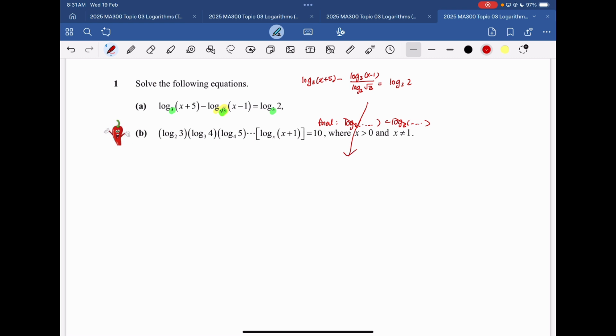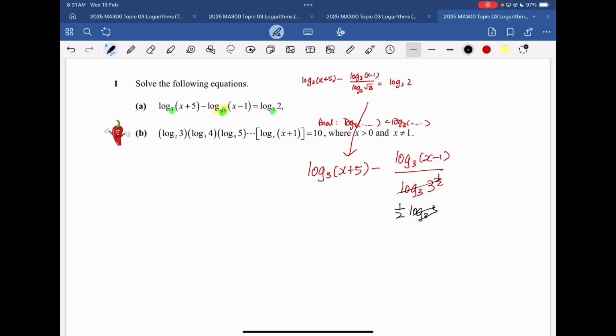Okay, so from here you can see I can take log 3 of x plus 5. The denominator, log 3 to the power of root 3, is just the same as log 3 of 3 to the power half. And what's log 3 of 3 to the power half? It's the same as half log 3 of 3. What is half log 3 of 3? It's the same as half.